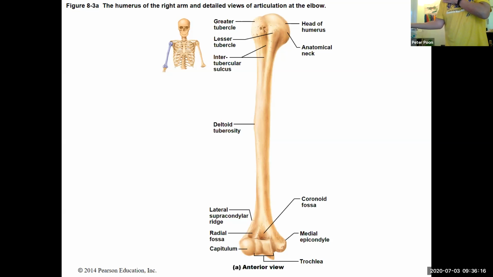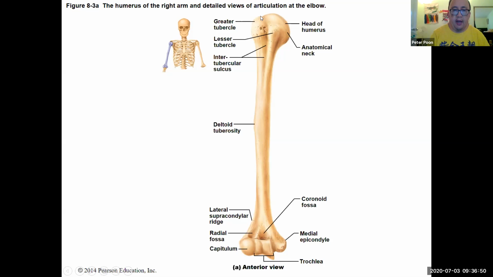If I rotate my shoulder up, I will feel bump, groove, bump. That bump is the lesser tubercle, the groove is the intertubercular sulcus, and then the greater tubercle. Hopefully that makes it clear.